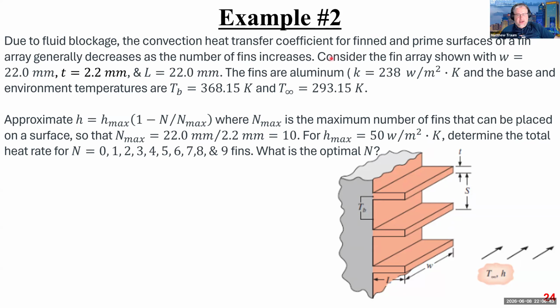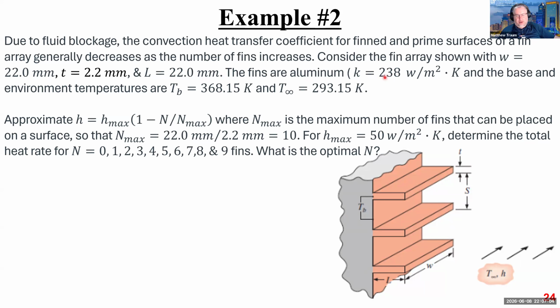So we're going to consider the fin array shown, just simple rectangular fins with W, the width of the fin, 22 millimeters, T, the thickness of the fin, 2.2 millimeters, and L, the length of the fin, also 22 millimeters. The fins are made of aluminum.